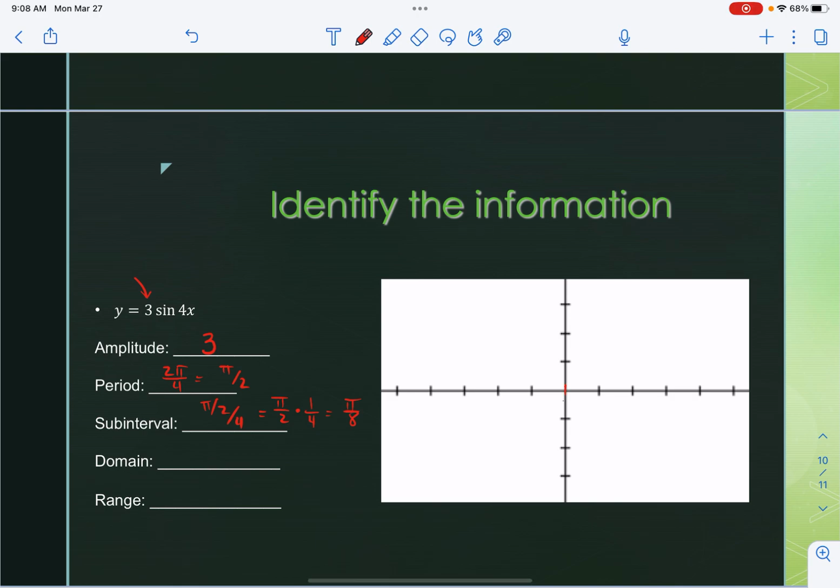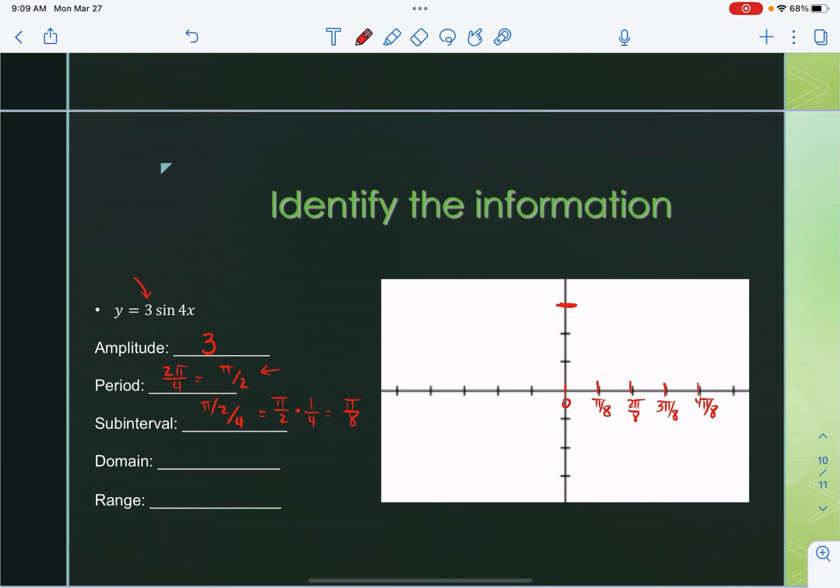So this time we're starting at 0, but this time the width is pi over 8. The next one would be 2 pi over 8, 3 pi over 8, and 4 pi over 8. And if you notice, 4 pi over 8 is pi over 2, which is our period.